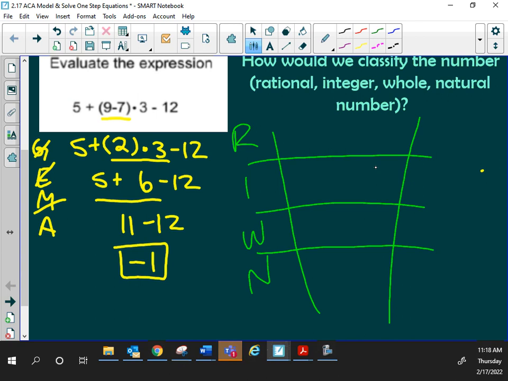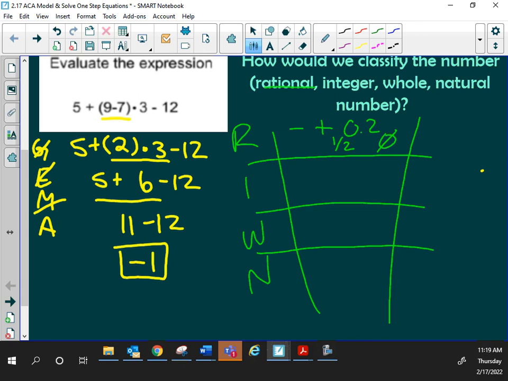Let's review each one. R stands for rational. What kind of numbers are rational numbers? Everything. So that means it includes negatives, positives, decimals, fractions, 0, percent.